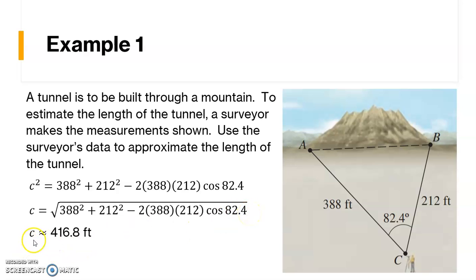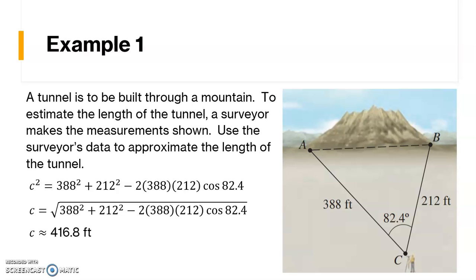I find out that C is approximately 416.8 feet. Now, it's not going to come out exact because cosines generally give us irrational values. Same thing with square roots. So it's not going to be exact, but that is the rounded value. And they should give you rounding directions. Otherwise, you can round to the tenths or hundredths place if they don't.